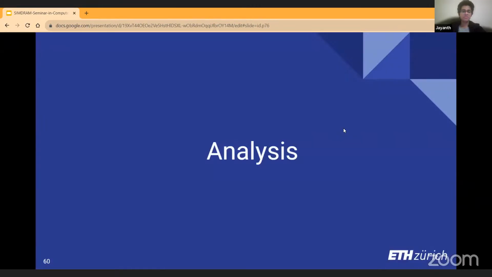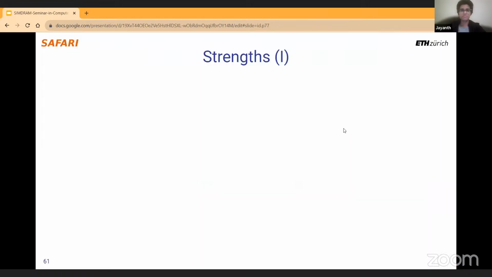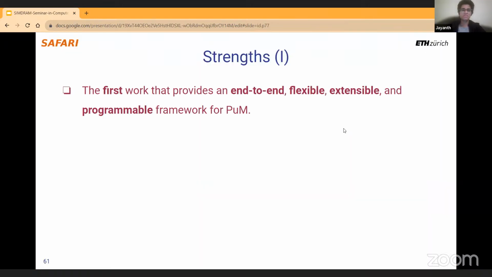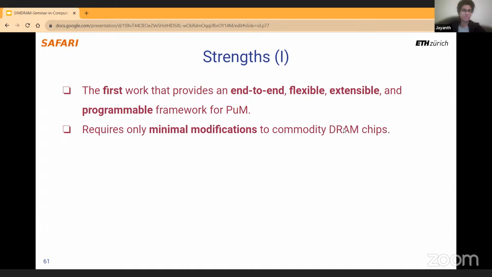Yeah, now coming to my analysis of the paper. Yeah, so the biggest strength of SIMDRAM is that it is the first work that provides such a comprehensive framework for in-DRAM processing mechanisms. Also, it only requires minimal modifications to the off-the-shelf DRAM chips, making it a really viable processing-using-memory framework.